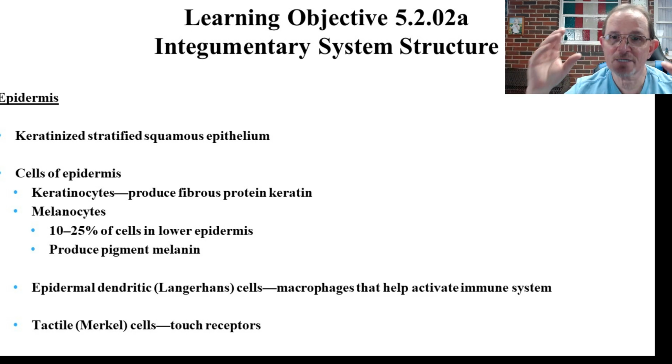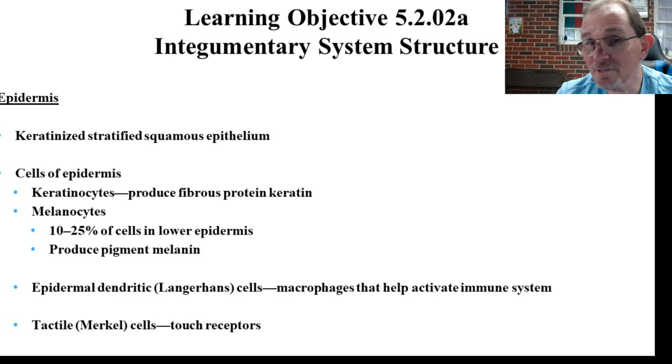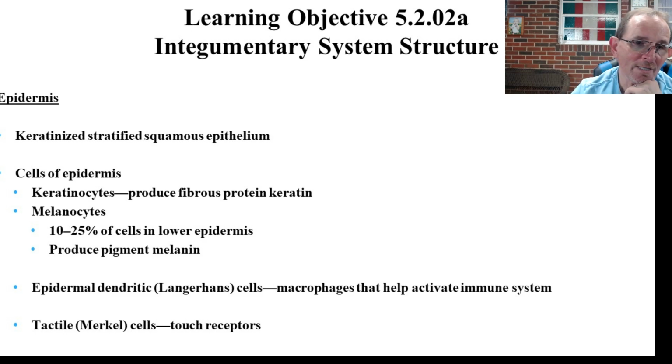So that's fine, because the cells at the very top of your skin are dead cells full of keratin. They're bags of keratin. They're there to protect you from abrasions and bumps. And of course they slough off very easily.